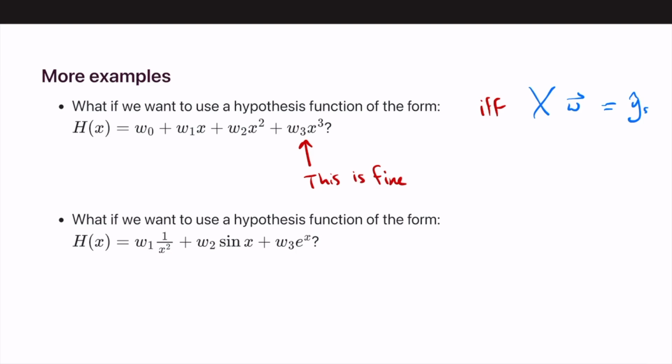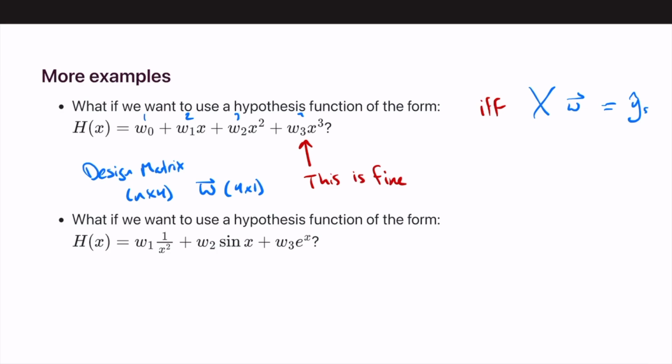So that's perfectly fine. In this case, we have 1, 2, 3, 4 features, so our design matrix would be an n by 4, and our W vector would be a 4 by 1, and that's fine.